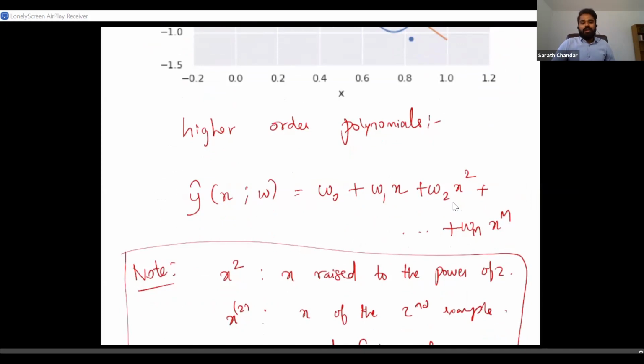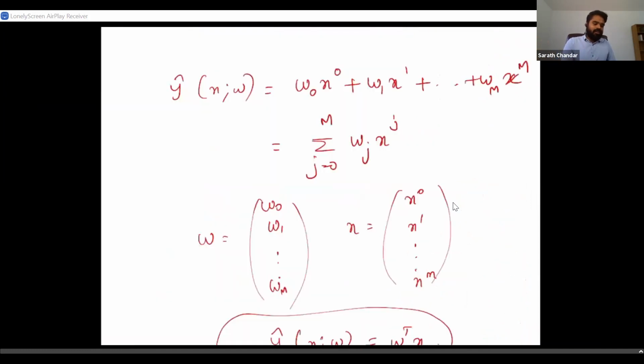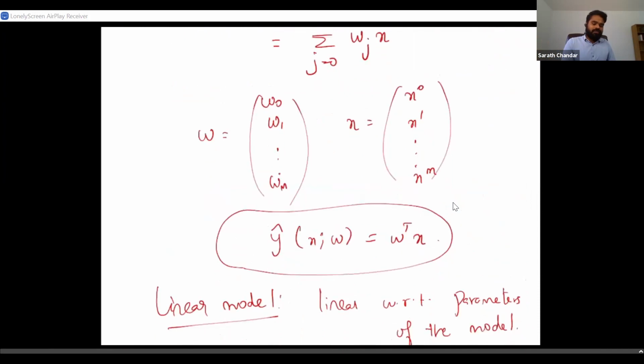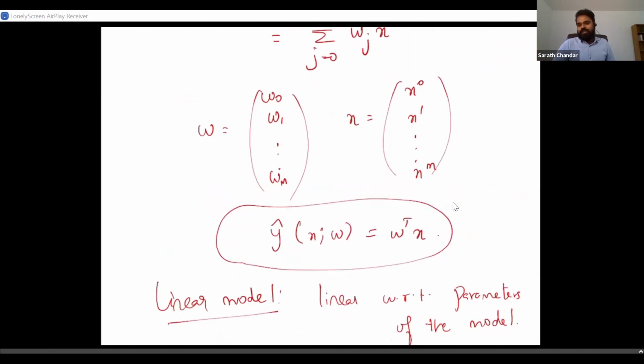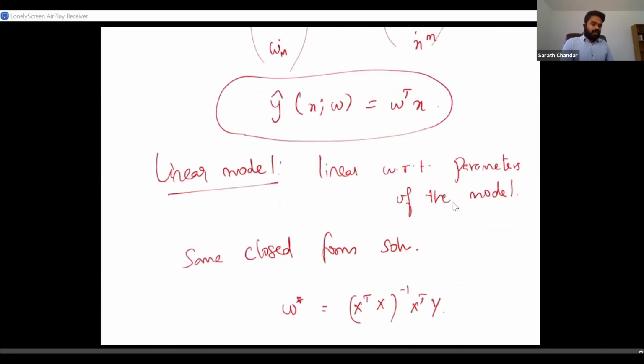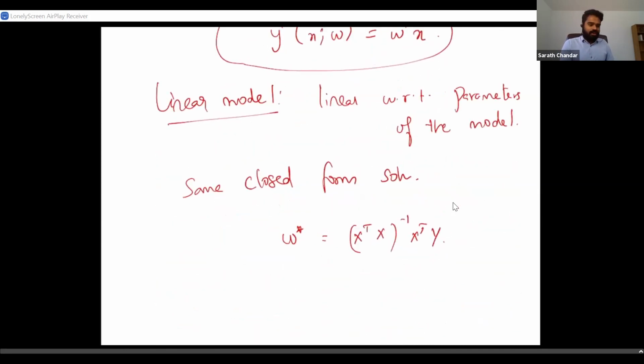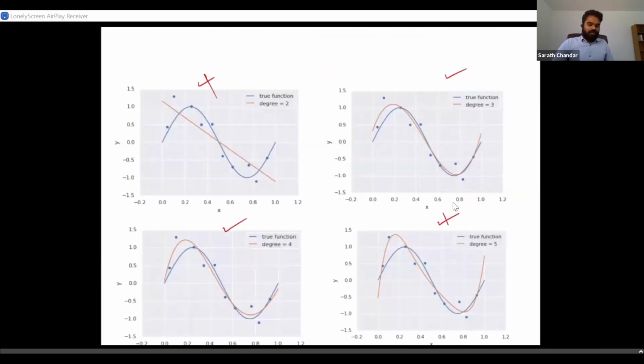If you have m, you can model an m-degree polynomial with m plus 1 parameters, where the plus 1 is for the bias. Then we discussed how to write it in vector notation. It is the same W transpose X, it's still a linear model, and the same solution applies here too, right?